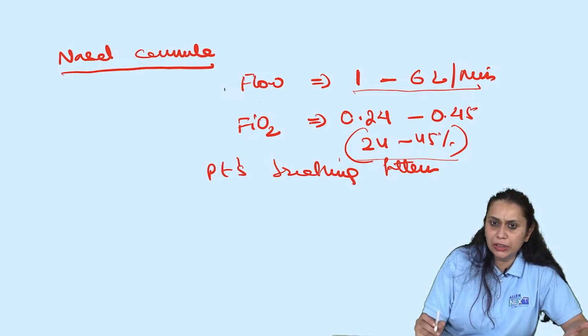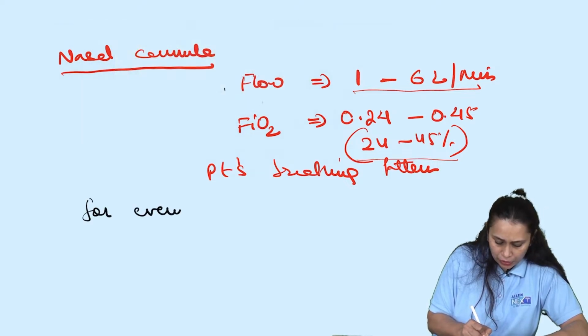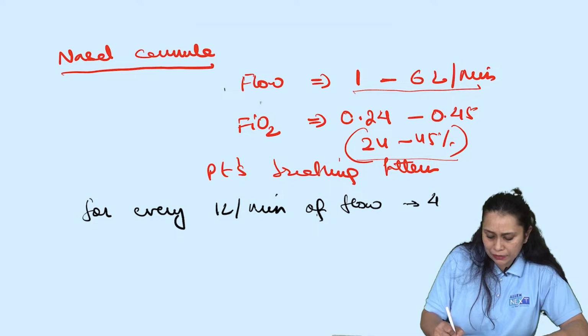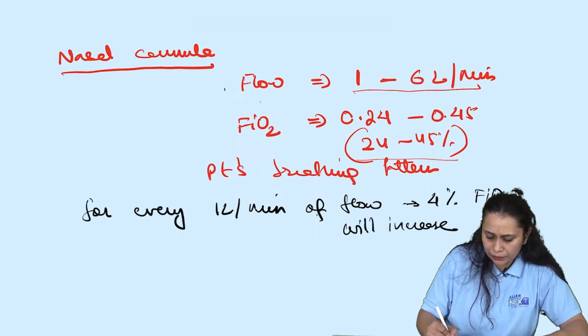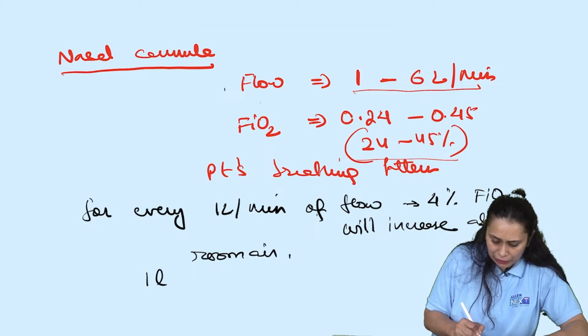For every 1 liter per minute of flow, FiO2 will increase by 4% above room air. So if I am giving 1 liter per minute, what will I achieve?